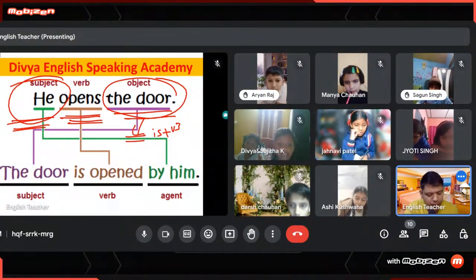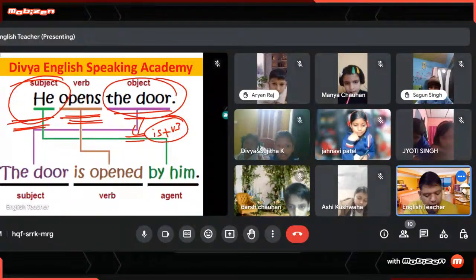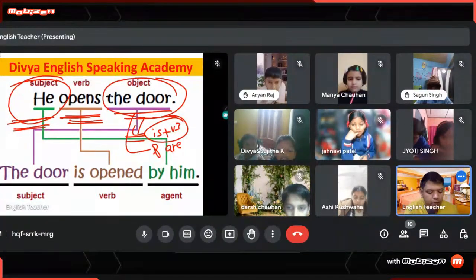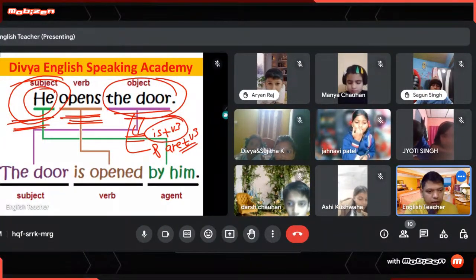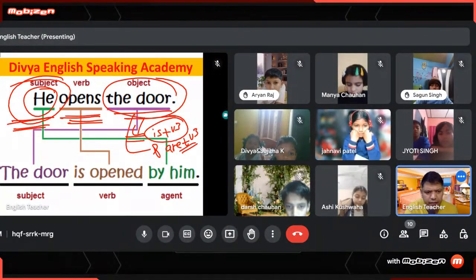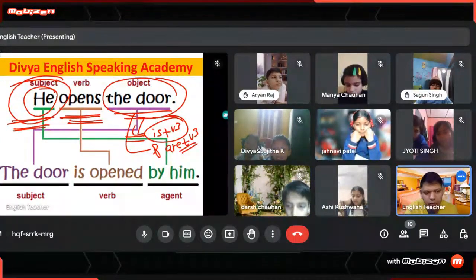So plus third form of verb. Now if object is plural, then we will follow the plural helping verb plus third form of verb. This you have to remember. It will not depend on subject. Subject can be singular. It has nothing to do with that. We need to make sure that object is in plural or in singular.